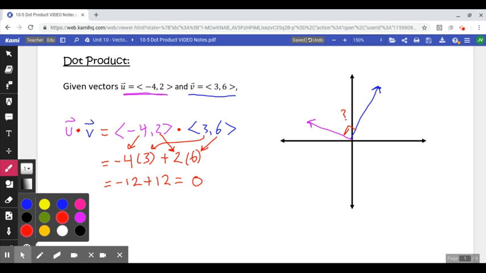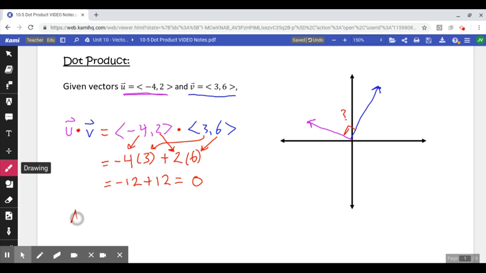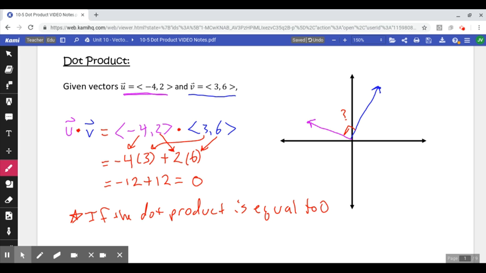Now, when the dot product is 0, so I'll put a little star down here, I'll say if the dot product is equal to 0, then the vectors are perpendicular.